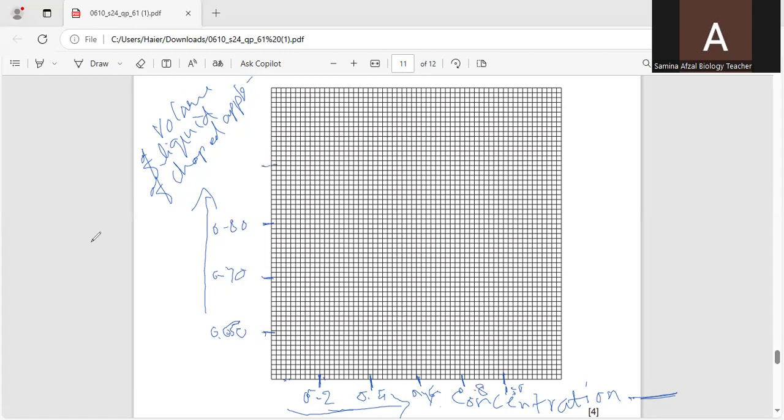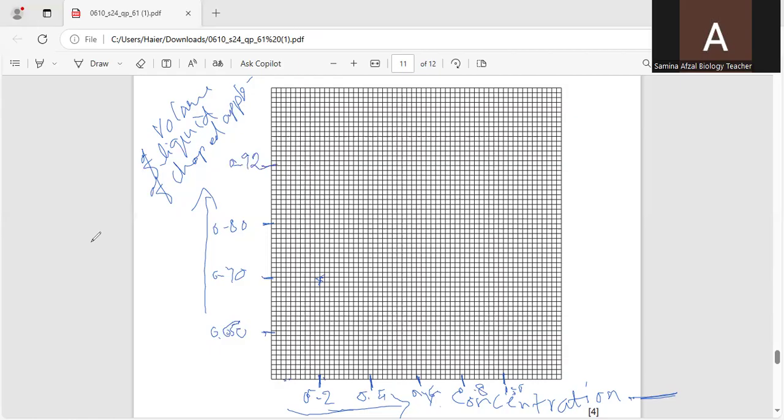Students, you have to keep in mind when you are going to draw all these values up to 0.92. The first value is on 0.2, and at 0.2 it is 0.69. So it will be here. I'm drawing it on screen, so it is very difficult for me to draw properly, but I am giving you the idea.